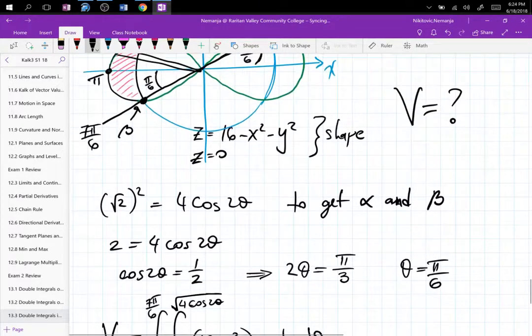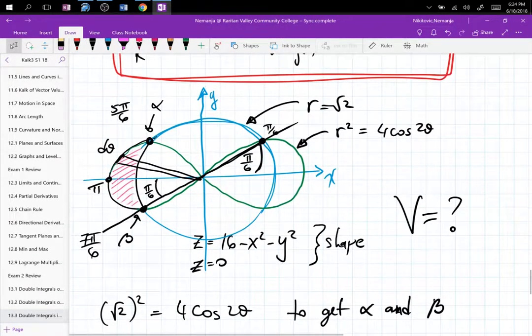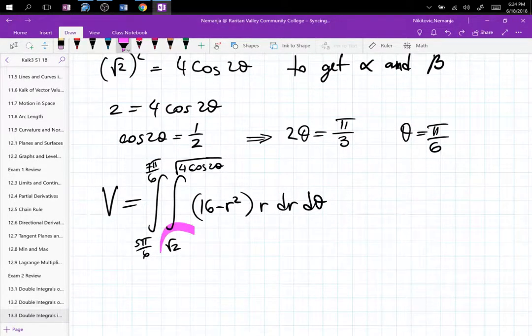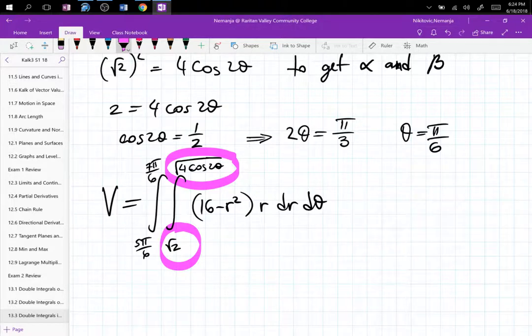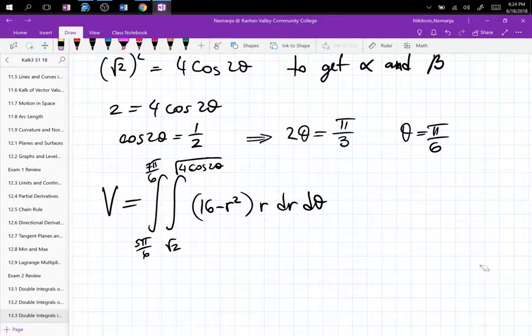That's the pizza slice. The pizza slice starts at the origin. We go up the pizza slice, we first hit the circle, that was the lower limit, and then we hit the other one, which is the upper limit. The lower limit is the circle, which had the radius of root 2. And the upper limit was the two-petal flower part, which had r squared equal to 4 cosine 2 theta, and you take the square root of that.